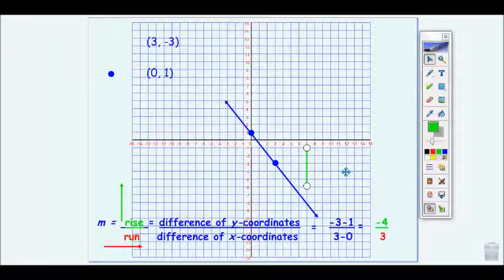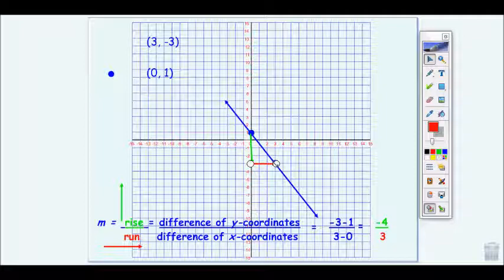We said it was a negative slope. So from this point, I'm going to go down 4. So 1, 2, 3, 4. Now, since I came down 4 and did a negative there, I'm going to do a positive for my run. 1, 2, 3, and you see I land right on that point.